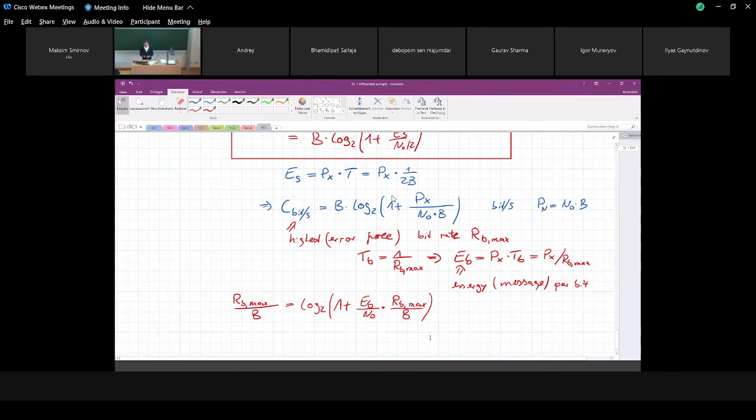This is an interesting expression, because now you can just solve this equation here for EB by N naught, and you get a certain expression. See slides. So you can obtain the required energy per bit to noise power spectral density.